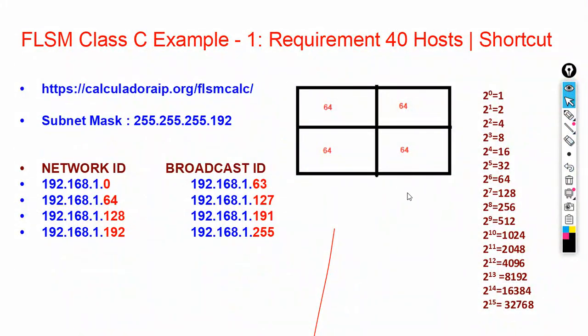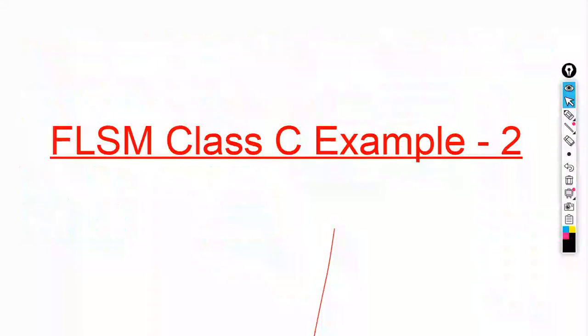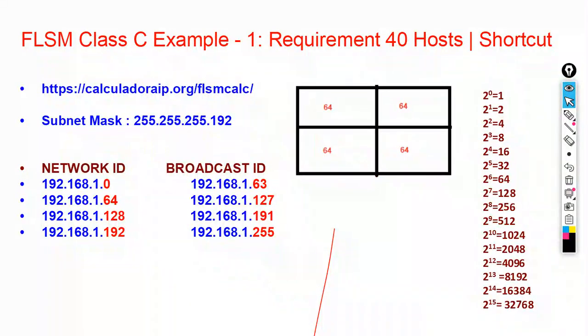Okay. So now, guys, this is how we do the subnetting using the manual method. You will follow the 5 steps to do the manual subnetting, and we have got 4 subnets with 40 requirement, and we have one shortcut method as well. We will use the subnetting calculator. You will visit this website.